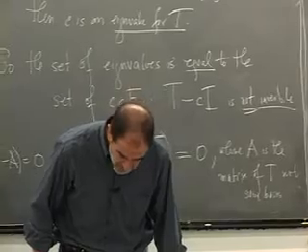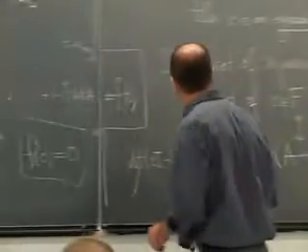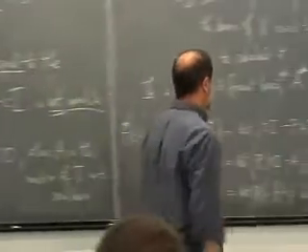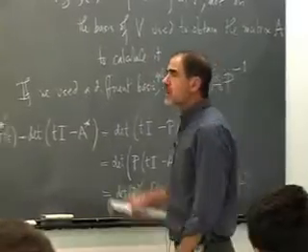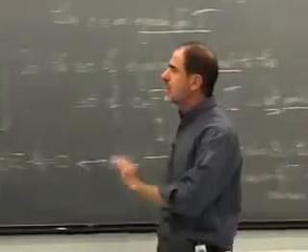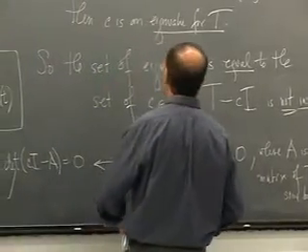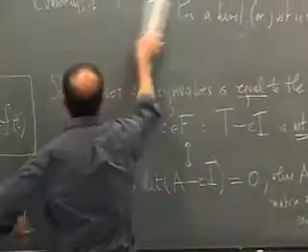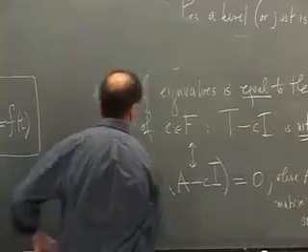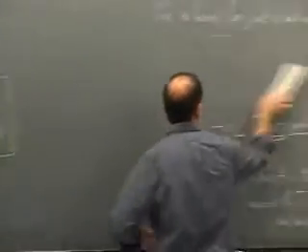And here's a key point. A polynomial of degree n over a field has at most n distinct roots in the field. So there's a finite possibility for the set of eigenvalues. Let's put a little lemma up.